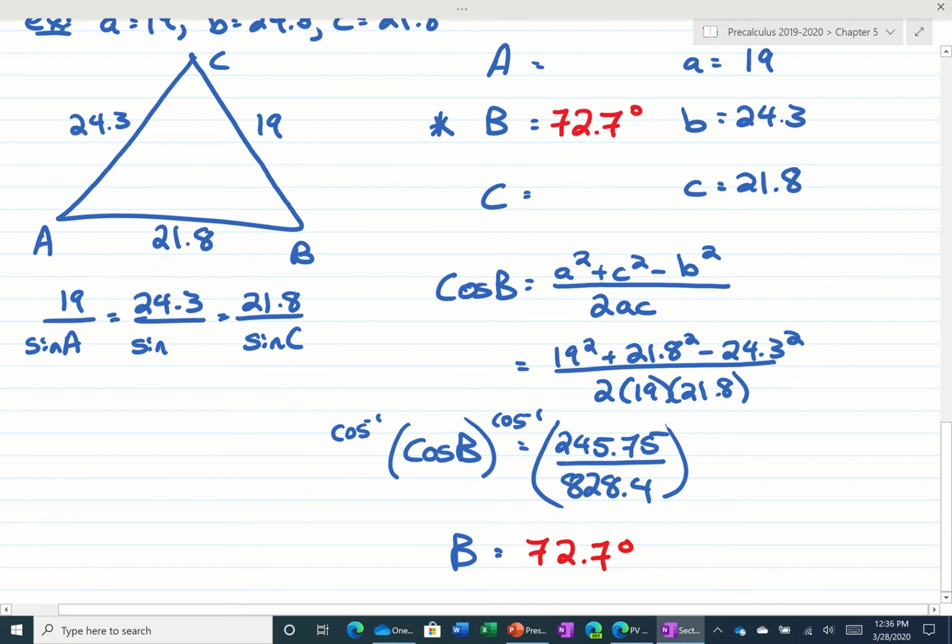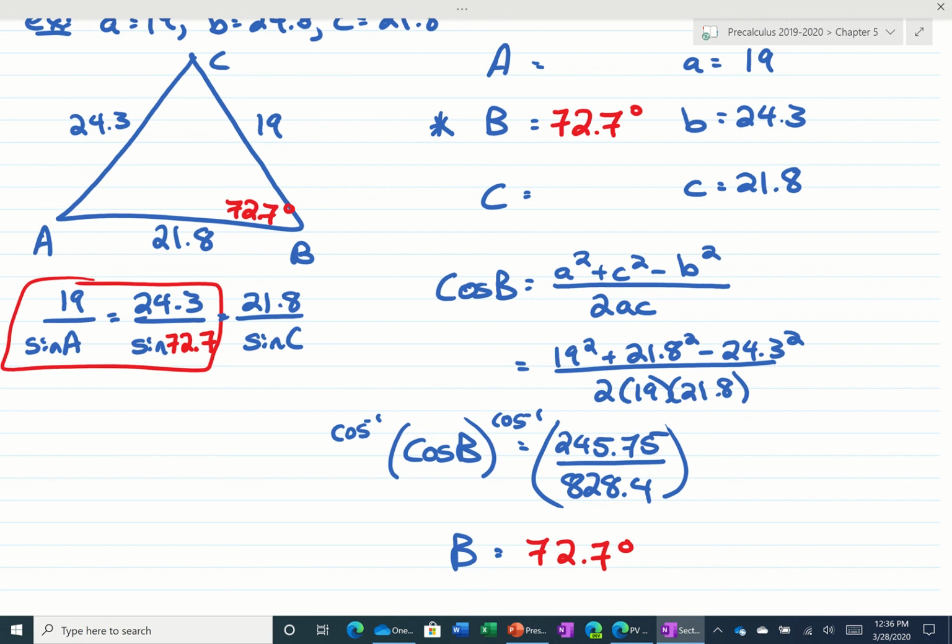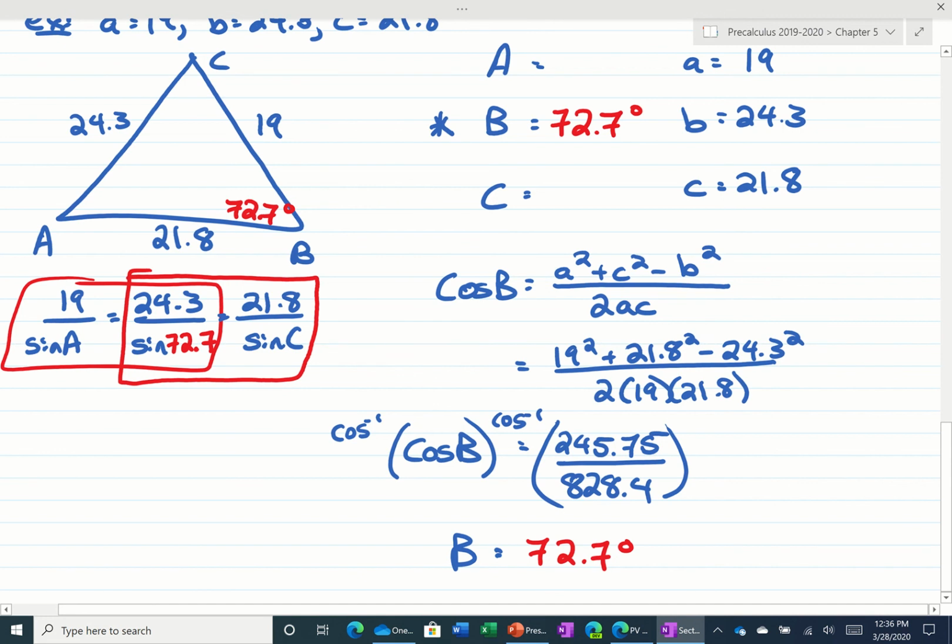Now that we know that, I go ahead and fill that into my law of sines formula. And I'm going to try to find angle A. Now at this point, once we get our final answer, if we don't get the largest side opposite the largest angle, I'm going to go back and instead of finding angle A first, I'm going to find angle C first. It's a little tricky, but let's see what happens here.